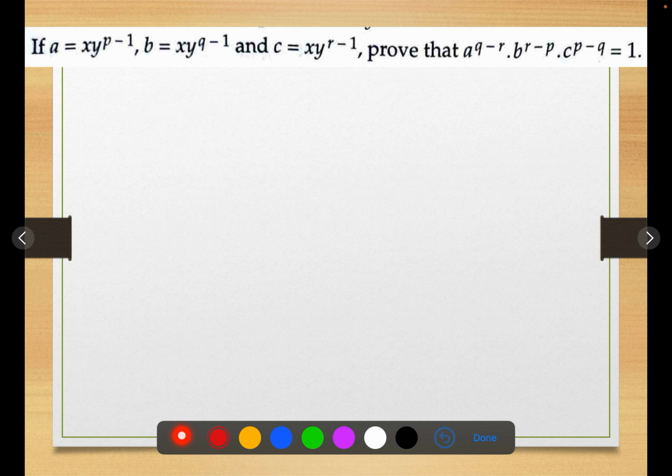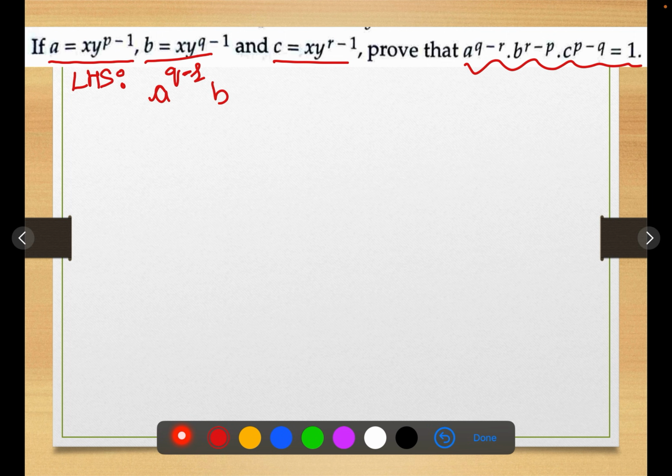Here I can see value of a is given, b is given, c is given, and I have to prove this. Whenever I have a proof question, I always start with LHS or RHS. Here I'll start with LHS, so I'll write LHS: a to the power q minus r, b to the power r minus p, c to the power p minus q.